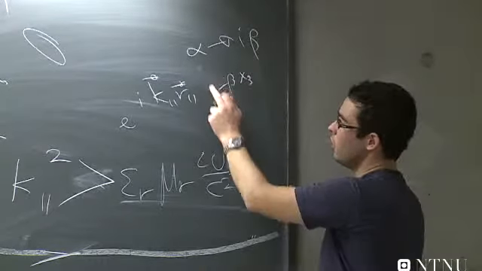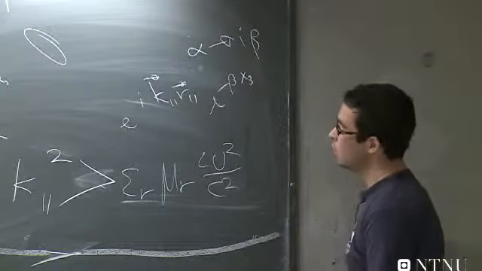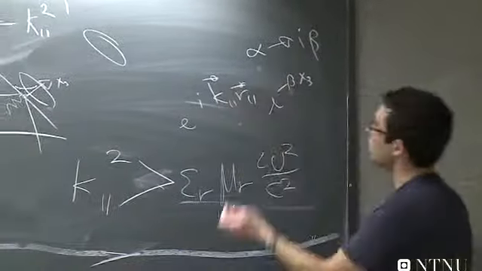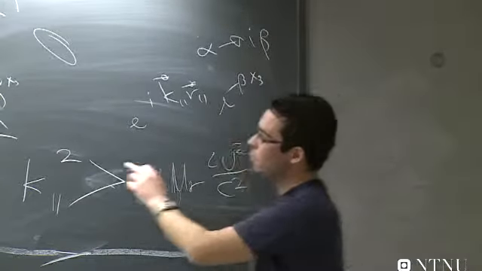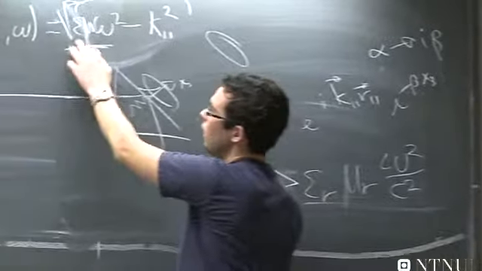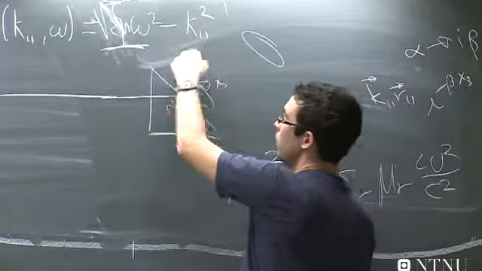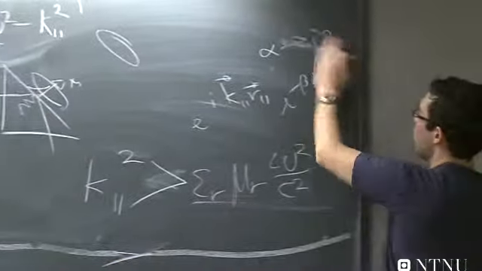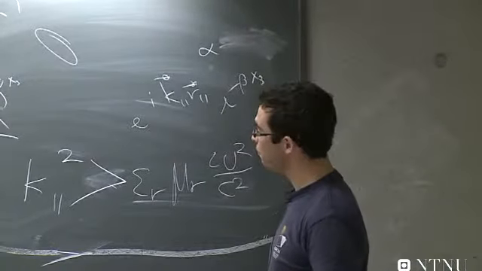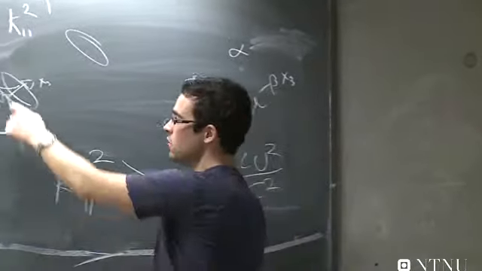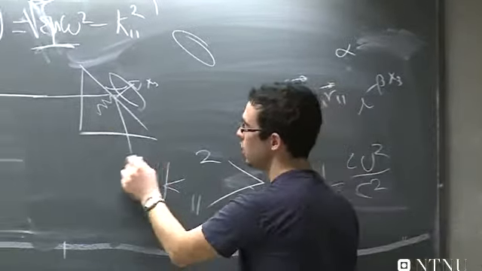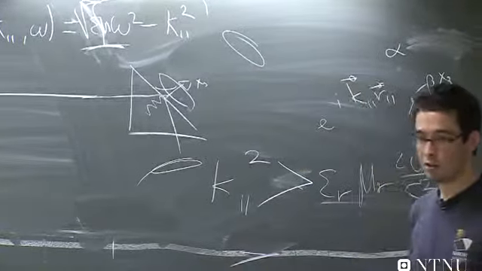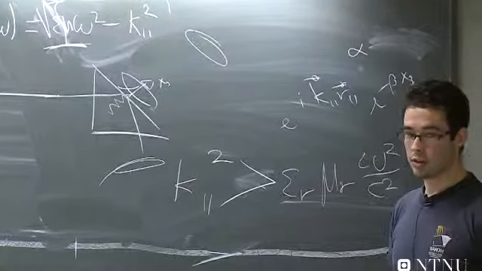We had a real number inside the glass, and it turned into a pure imaginary number, causing the exponential decay. But when I get back into the glass again, the epsilon and mu get big enough that I can flip the sign, I get rid of the I beta, and we're back in business. So the wave starts propagating again. And of course, this means that less energy comes out here. Otherwise, energy is not conserved.